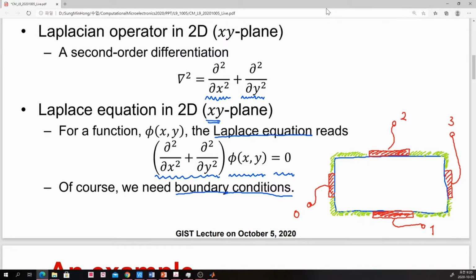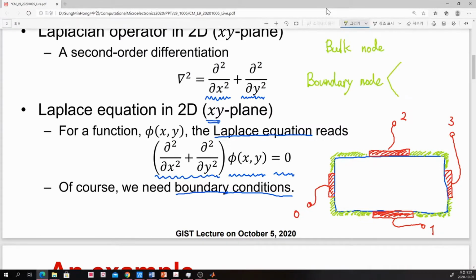So we can think about three different cases of our nodes. One is the bulk node, which is a non-boundary node. And we can think about boundary nodes, which can also be categorized into two groups: one is the terminal or contact boundary, and the other is the non-contact boundary.